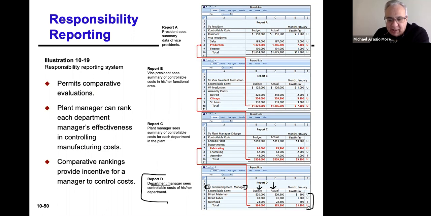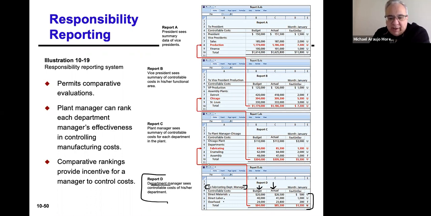As you see, everything here shows unfavorable. In other words, all of their costs for materials, labor, and overhead were above their budgets, leading to an unfavorable report. Now, again, every department manager would have one of these, so not just for fabricating, but for assembly and for enamel and so forth and so on.